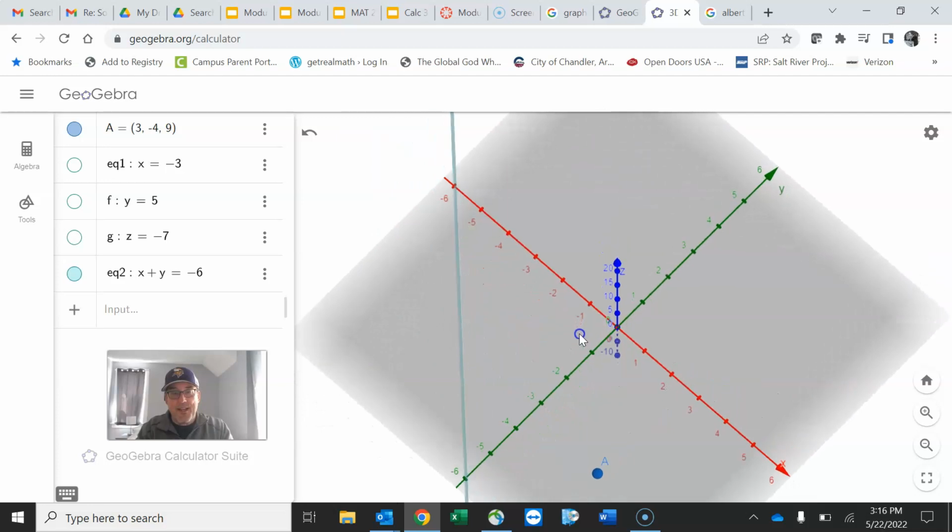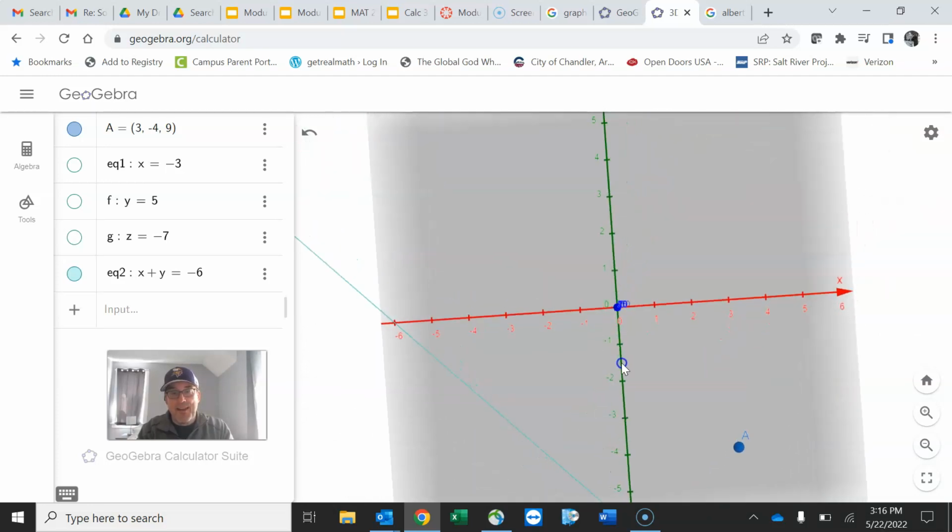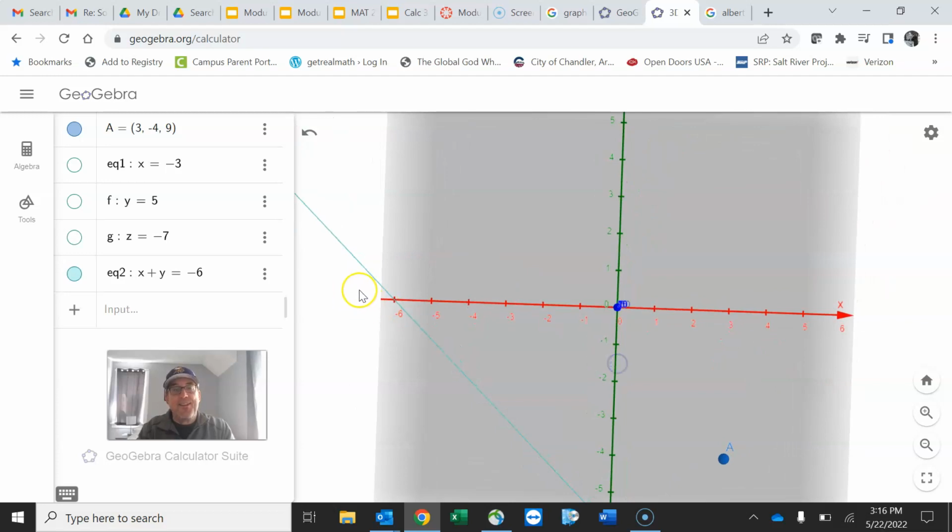Now watch this. If we move this into the traditional xy plane, do you see the line? This is the line y equals -6 minus x, essentially. You can see it on a couple of points here. When x is -6 and y is 0, we of course go through that point on the x-axis.